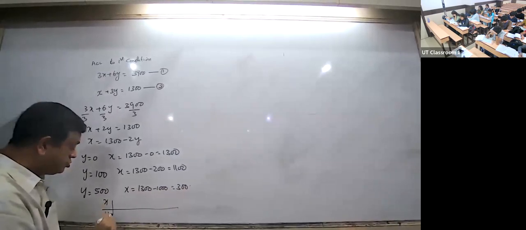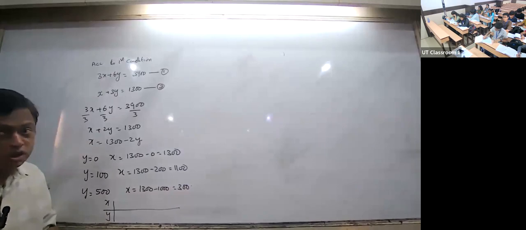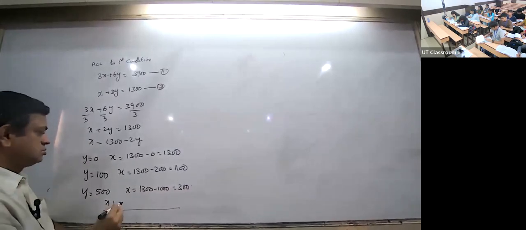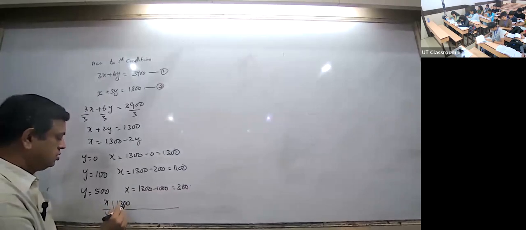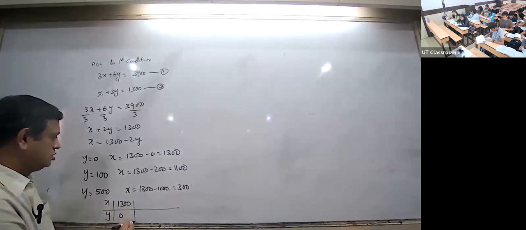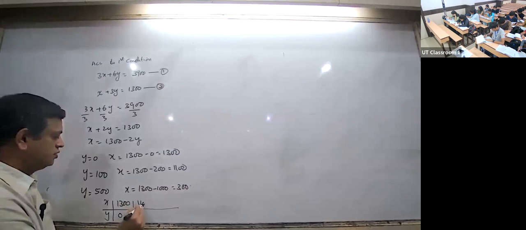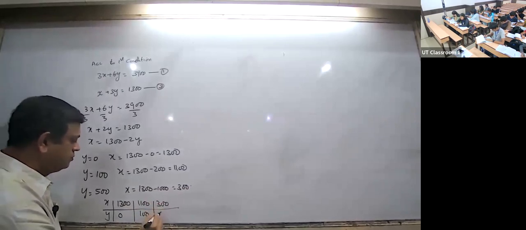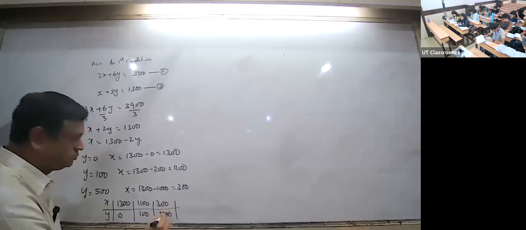The solution is correct, but drawing the graph is not a problem. So x is 1300, y is equal to 0. Then x is equal to 1100, y is equal to 100. x is 300 and y is equal to 500.